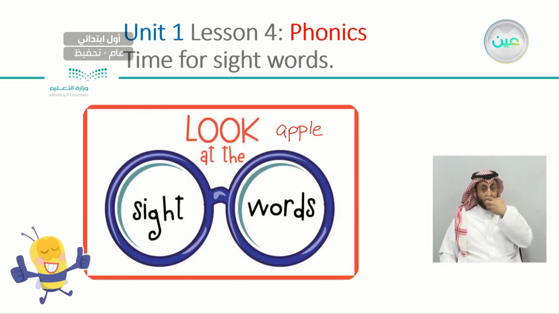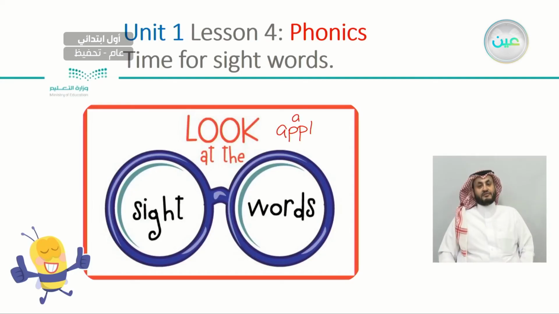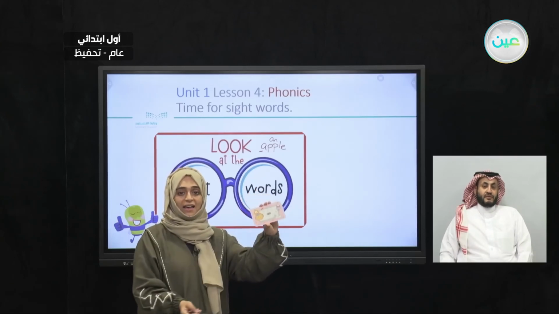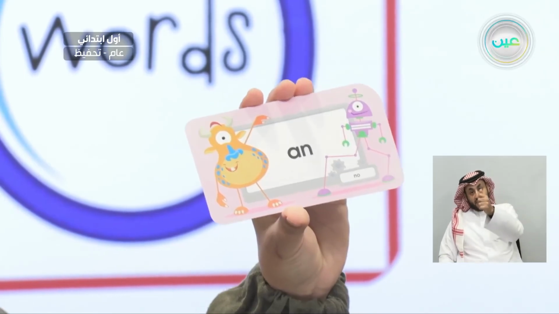Do I say a apple? No, we say an apple. We say an apple. Because apple begins with the letter A. So this is when we use an. Okay? An. Write down the word an.